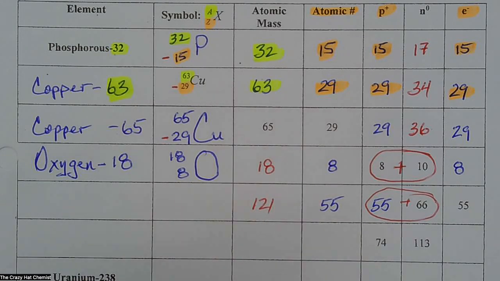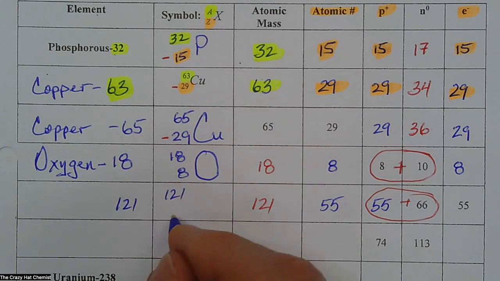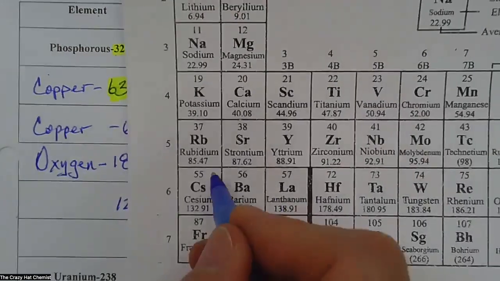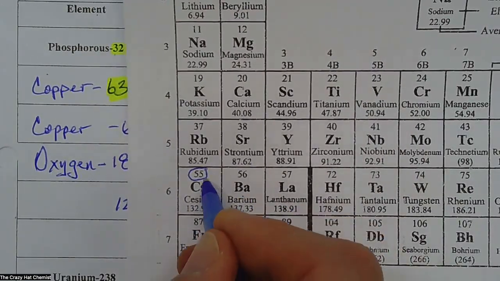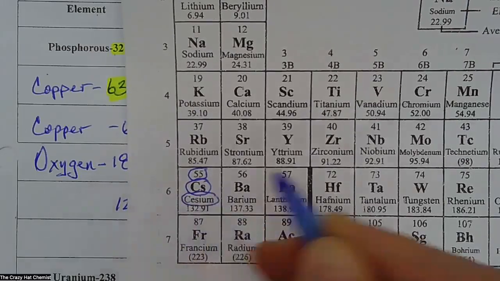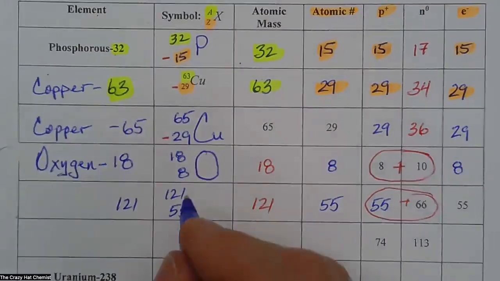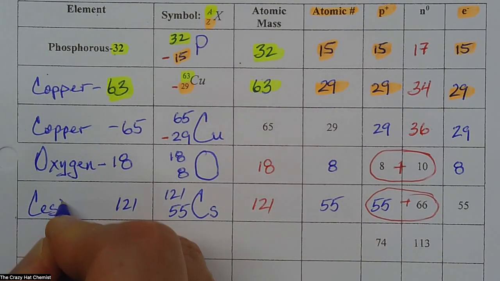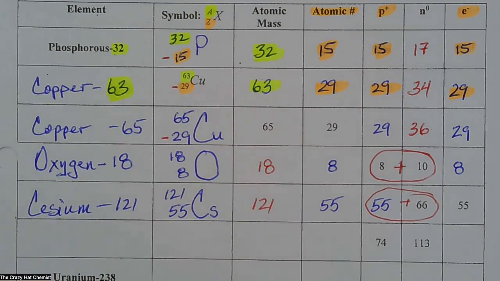And that is going to be my mass. 121 is my mass, and it's atomic number 55. So I'm going to find number 55 on my periodic table, and that's right here. That's atomic number 55. That's Cs, and that is for cesium. So that is a capital C, a lowercase s, C-E-S-I-U-M dash 121.